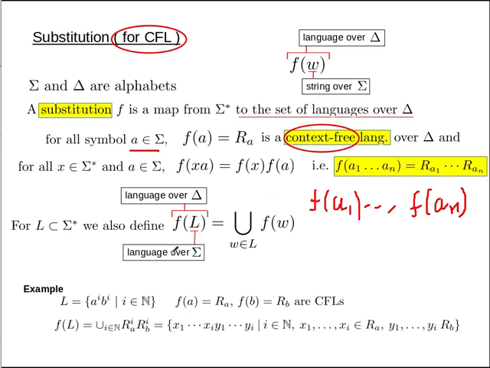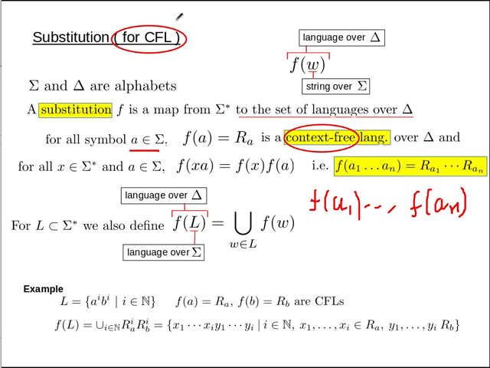One example will be this. You take a context-free language L, say a^i b^i, and suppose you have some RA and some RB. These RA and RB are CFLs. I'm not specifying what RA and RB are, because it works for all CFLs RA, RB.